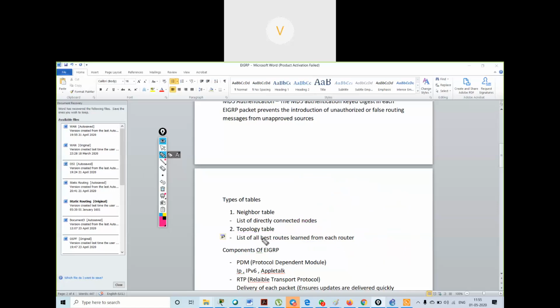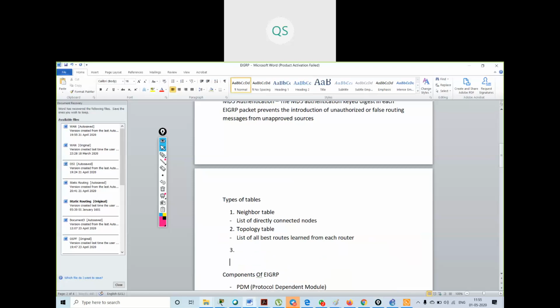Now, the third type of table is routing table, which is there in all the routers. What does the routing table contain? Best route information.